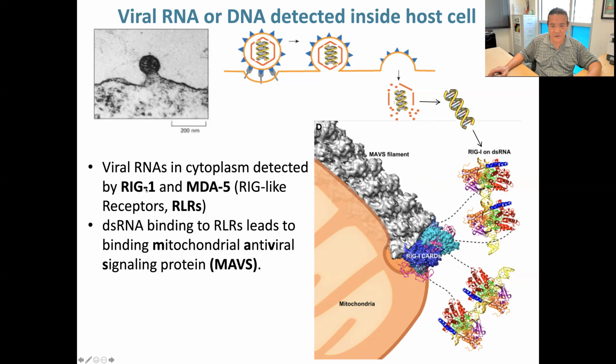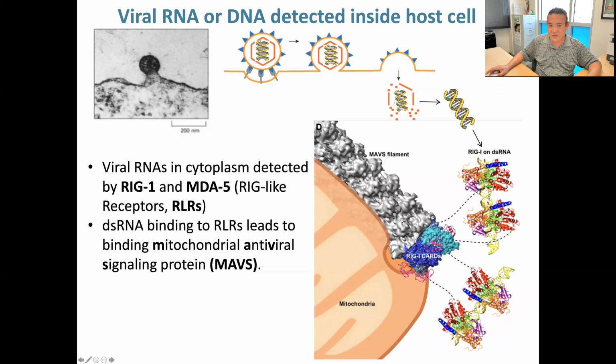So, for example, RIG1 and MDA5 are examples of a family of receptors known as RIG-like receptors, or RLRs. Over here, they're represented by the colorful orange, purple, blue, and red structures. You can see the yellow strand going between them is the double-stranded RNA that came from the virus.